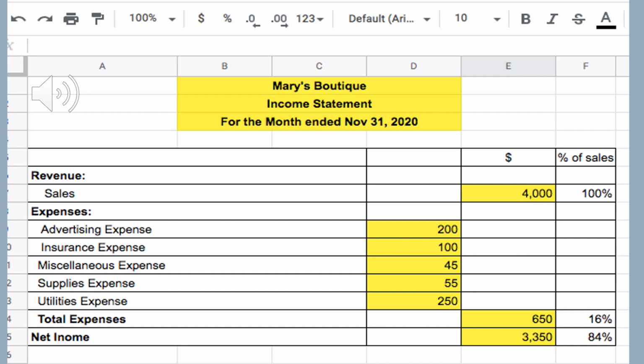So here you have Mary's Boutique income statement for the month ended November 31st, 2020. Remember, one of the reasons we do the income statement is because we want to have a clear view of what our revenue is, all our expenses together for the period, and the net income or loss that we're making. And in this instance, we were making a net income.